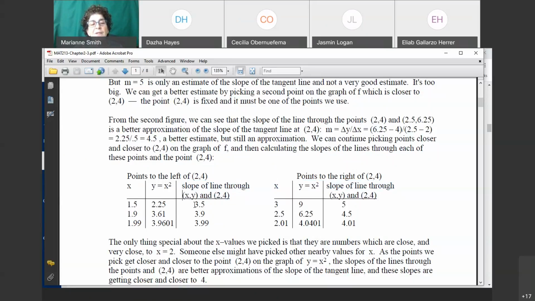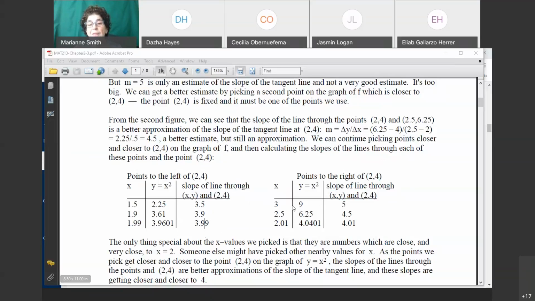And you can see as x gets closer and closer to 2, what's your slope value getting closer and closer to in this left-hand table? You can see it's getting closer and closer to 4. And again, that's the slope of a secant line between 2 points.